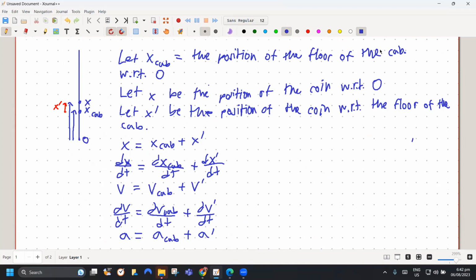So yung diagram na yan will work for all the situations that we've been working on. Ngayon, tingnan mo yung A cab at saka A prime. So what can we conclude about A cab?